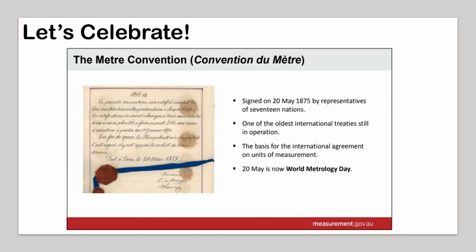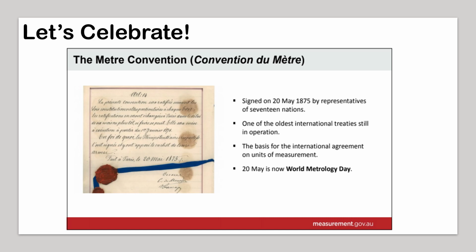And here's a time for celebrating. Interestingly enough, it's my wife's birthday, 20th of May, but now we can all celebrate because it's World Metrology Day. Now, it's not Meteorology Day, but if you have a look at the little slide here, in 1875, 17 nations agreed on how long a meter was. And now that's the basis for an international agreement.